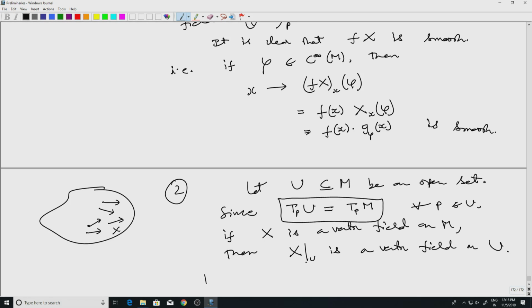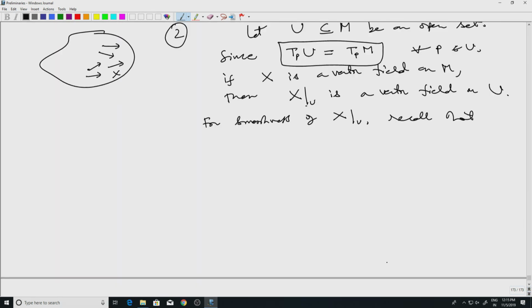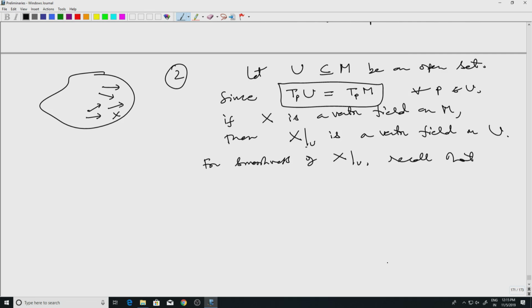So for smoothness of X restricted to U, recall that after all, how did we identify the tangent space to U with the tangent space to M?